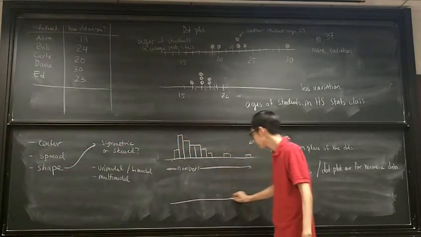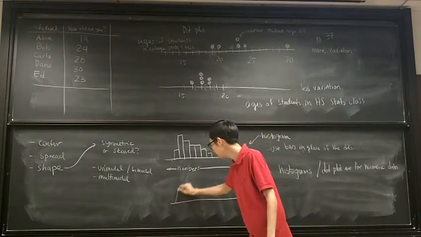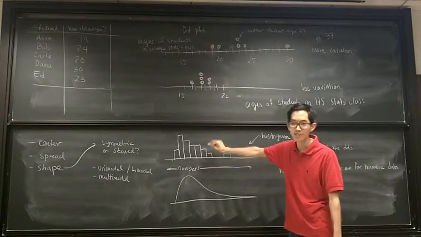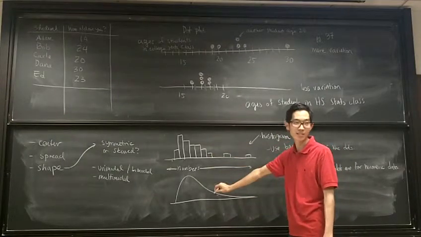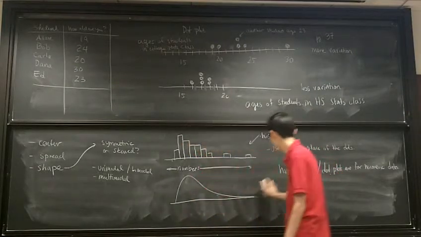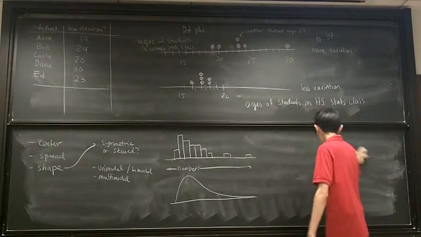So if I took this, here's my histogram. I could summarize it just kind of with this curve that looks like this. And this kind of captures the essence of this. So this might be a little bit of a leap.